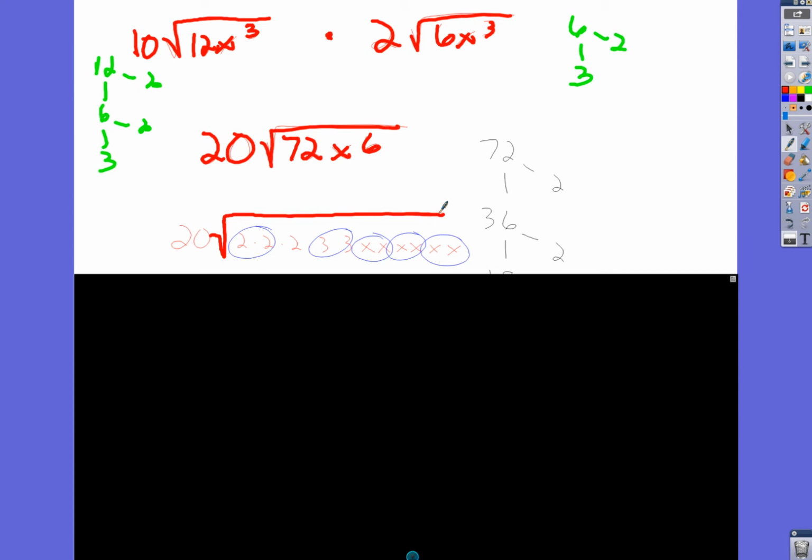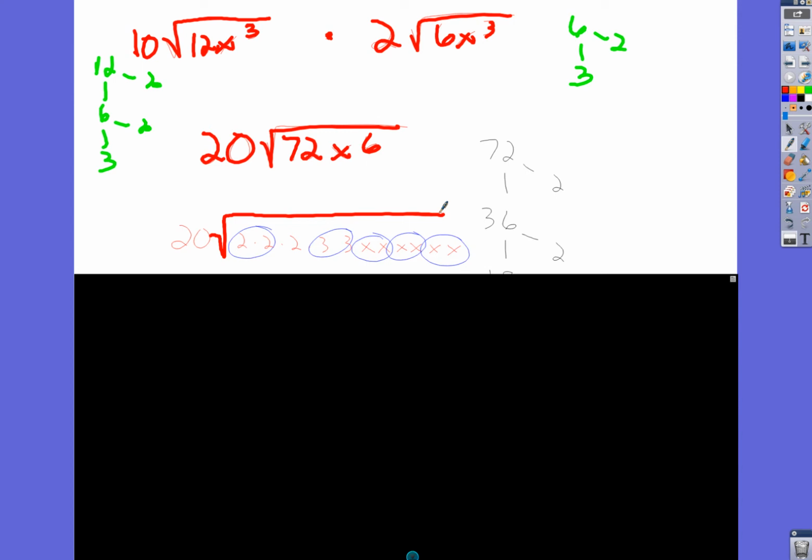So Madison Kelly, what do I have pairs of? One pair of 2's. One pair of 3's, so I'm bringing out a 2 and a 3, good. Fantastic, and 3 pairs of x's, yep. What's going to stay on the inside? The 2. The 2.